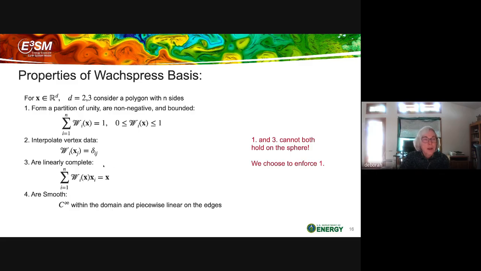And so if I have 1 holding and then I look at 3, the interpolated value of x is going to be in the plane formed by the triangle, not on the sphere surface. And it is possible to alter the formulas I showed on the last page so that you can require 3 and not 1, but we choose to enforce 1. So I've written the formulas in this way. So on the sphere, we won't have this property.